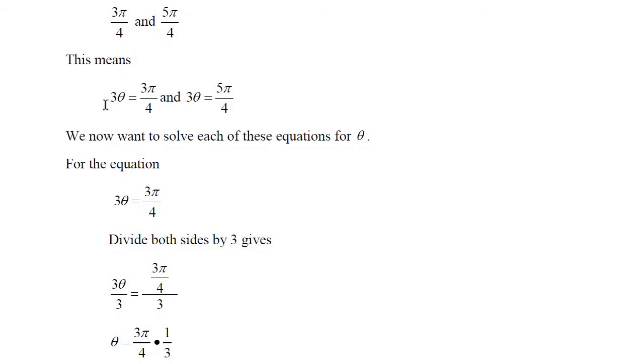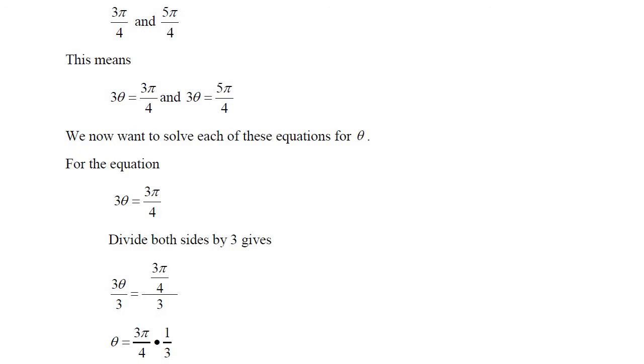We now have to solve each one of those equations for theta. For the first one, where we have 3 theta is equal to 3 pi over 4, divide both sides by 3. That's going to give us 3 theta over 3 is equal to 3 pi over 4 divided by 3. If you remember, whenever you have a fraction divided by something, we flip the bottom and change that to multiplication.